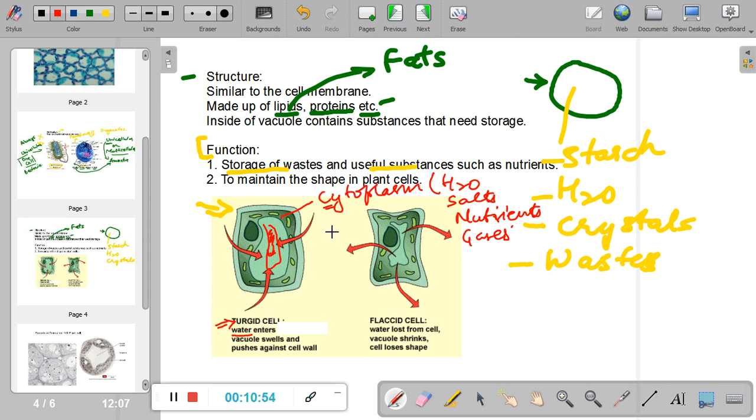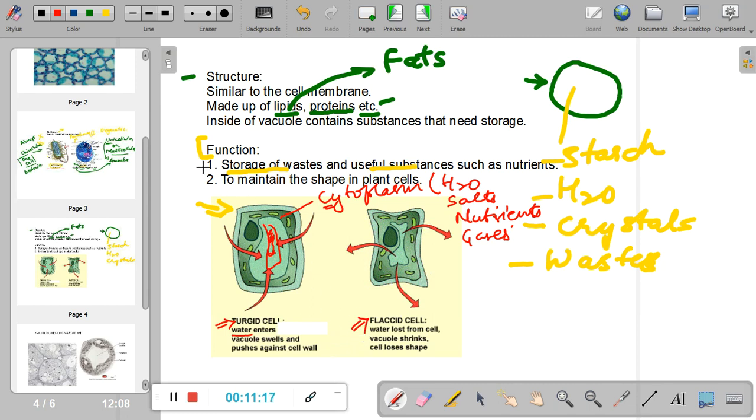But let us say on a hot summer day, water evaporates from the plant. So the vacuole also loses its water to the outside, and the cell loses its shape, and the cell shrivels or shrinks in size, right? And such a cell is called a flaccid cell.